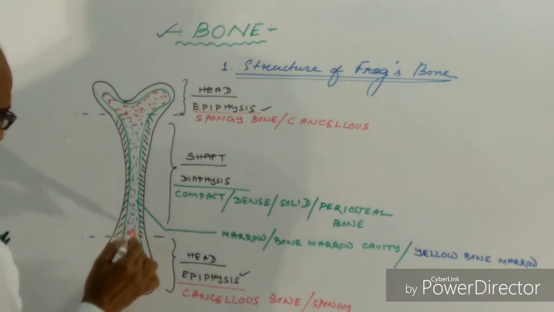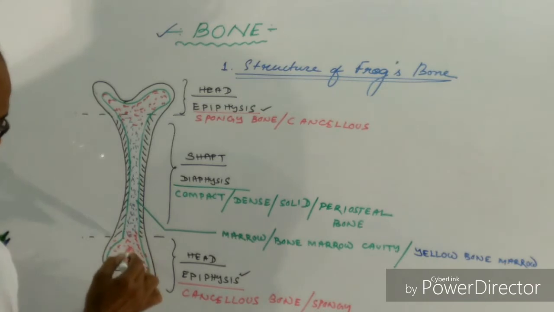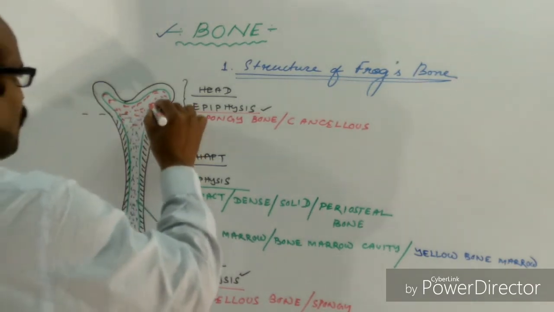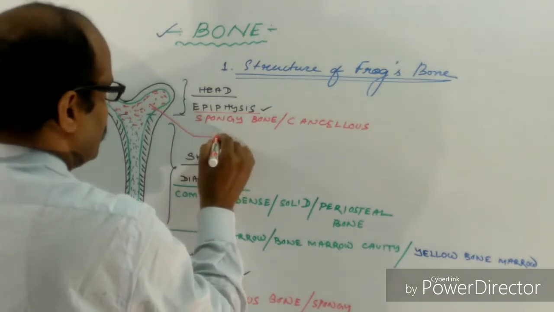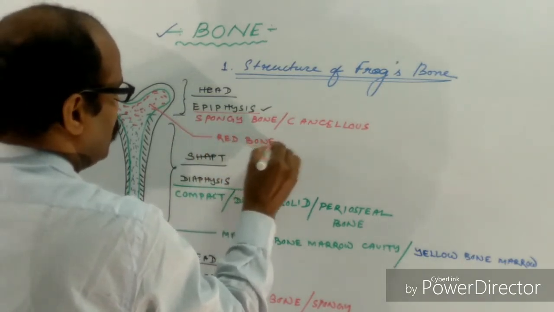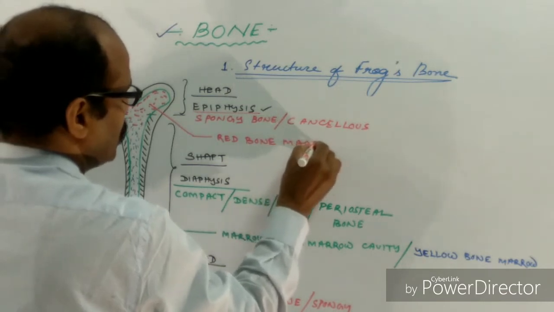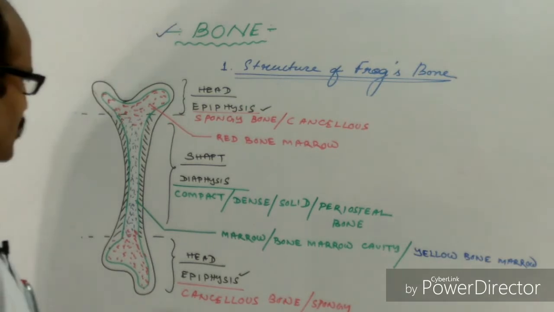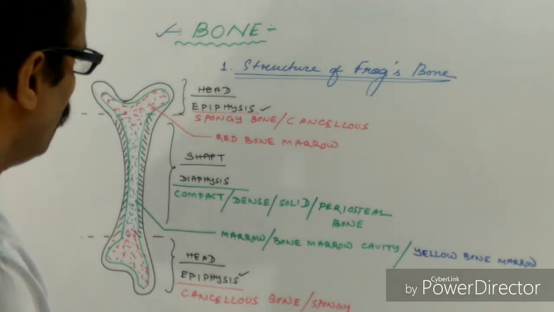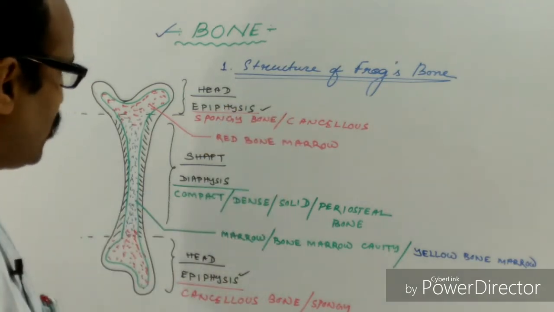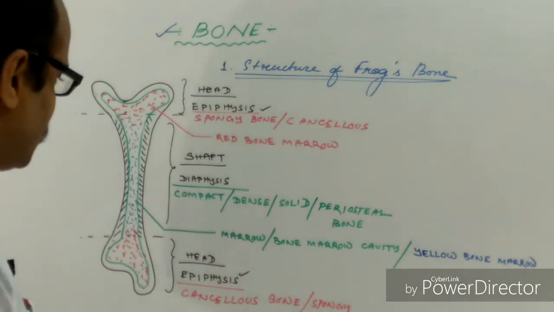That's why this region is red in color, and this is known as the red bone marrow. So this is the actual structure of the bone, and it is the same in frogs and in mammals.